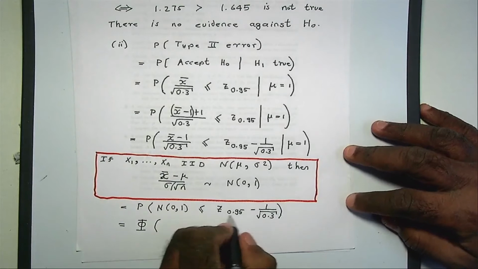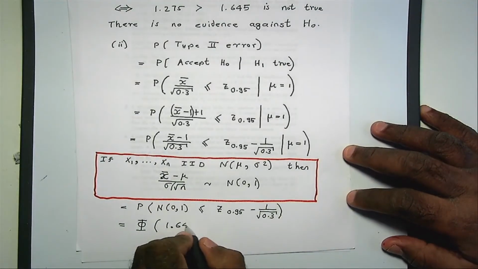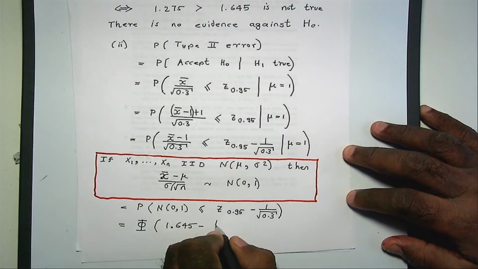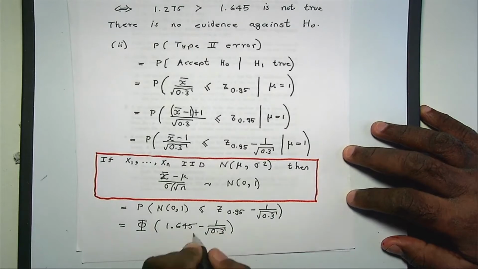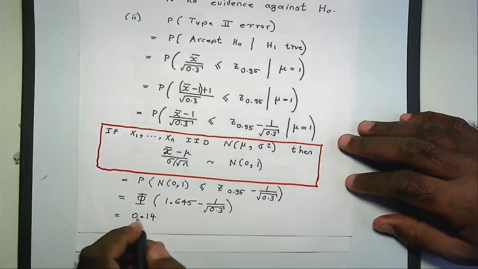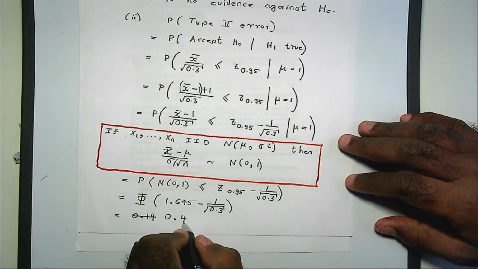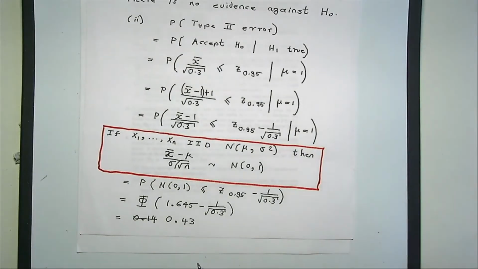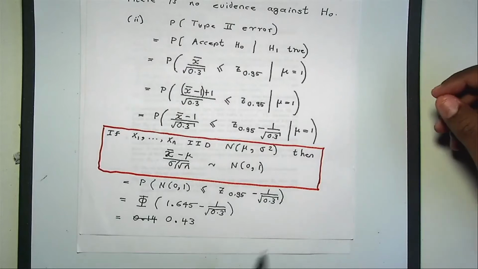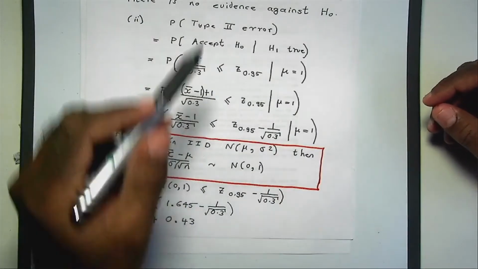At 1.645 minus 1 divided by the root of 0.3. And you can read this from the table. And for mu equal to 1, this will be 0.43.